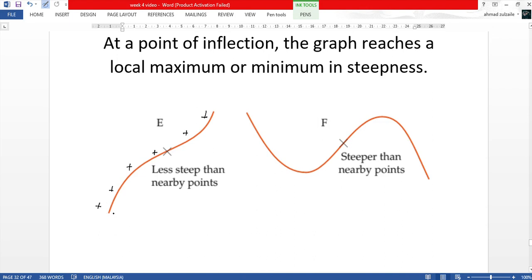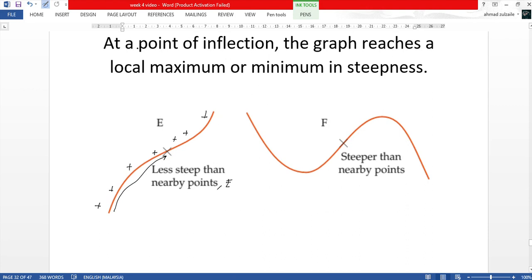But you can see from here, this is more positive gradient, but towards a point in the middle, the positive gradient becomes lesser. Sebab tu kat sini less steep than nearby points. Point apa? Point E.